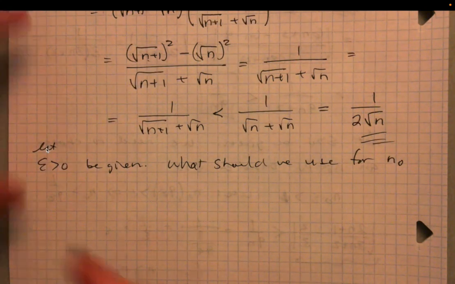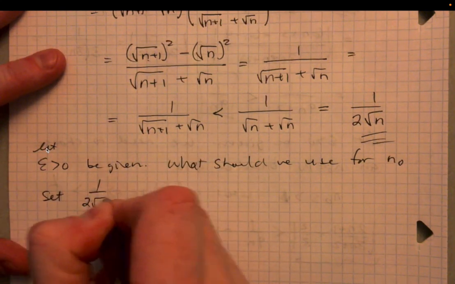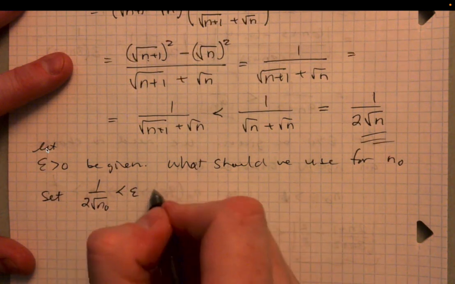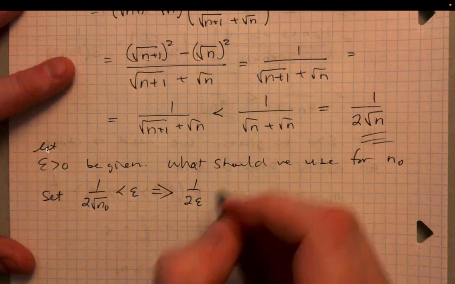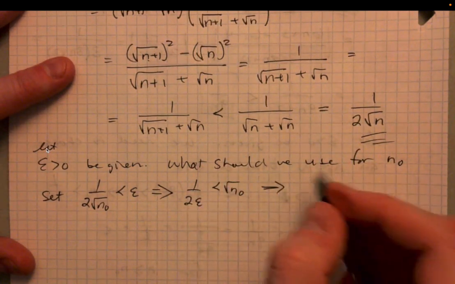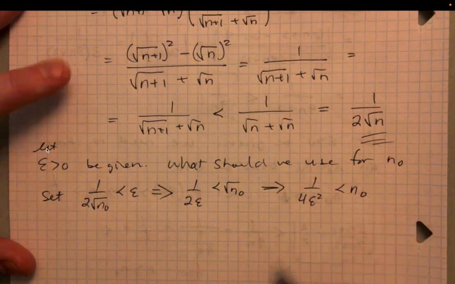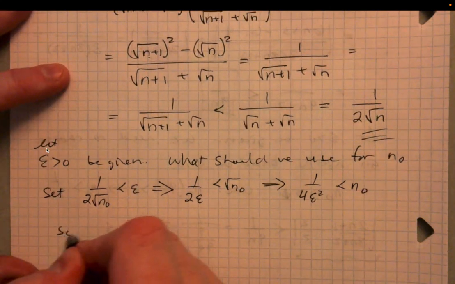Okay, so let's set 1 over 2 times the square root of n naught less than epsilon. And this is going to imply that 1 over twice epsilon is less than the square root of n naught. And that's going to imply that 1 over 4 epsilon squared is less than n naught. So we'll set n naught accordingly.